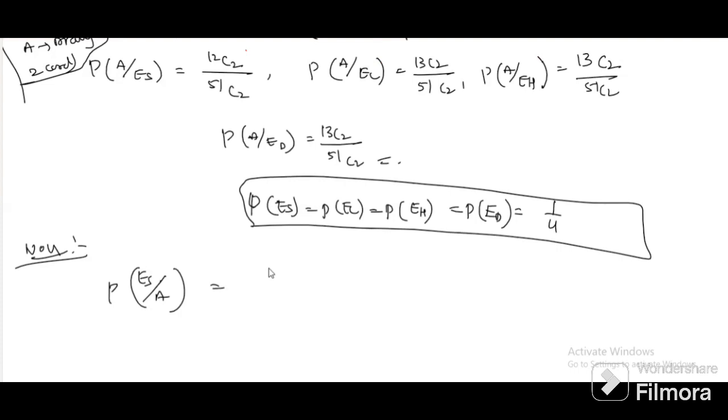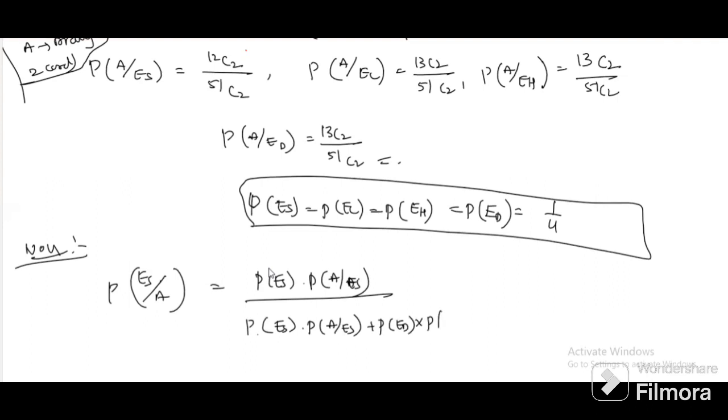So that is P of ES into P of A by ES, plus P of ED into P of A by ED, plus P of EC into P of A by EC, plus P of E hearts into P of A by E hearts.